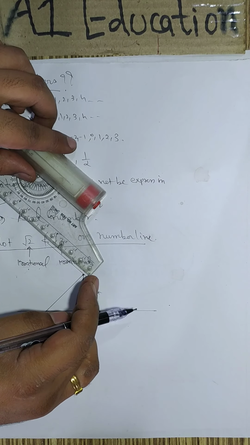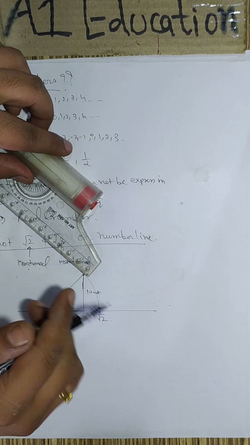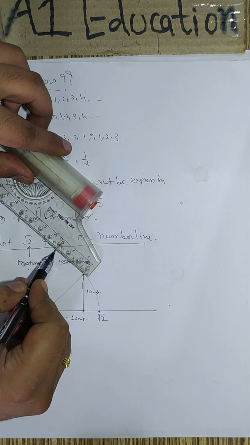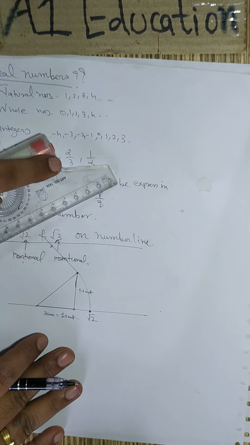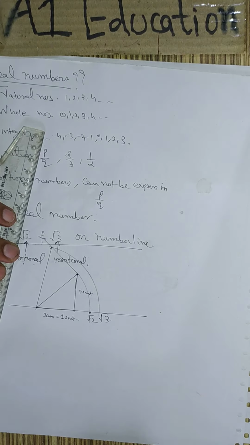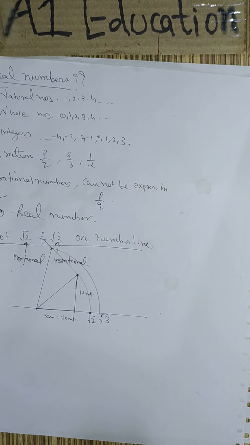On this point again I mark 1 unit. I have taken 3 centimeter as 1 unit. You can take 2 centimeters as 1 unit. Then joining this line and again putting an arc, this arc represents square root of 3. This is how you can plot irrational numbers.